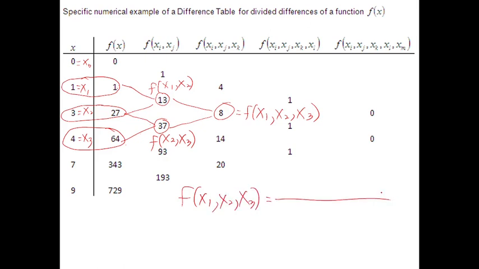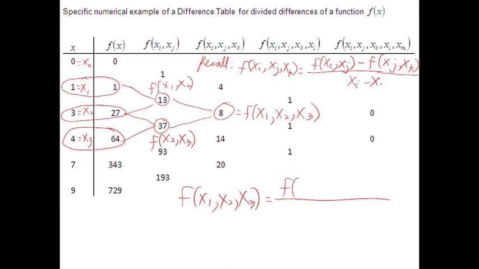So by formula, let's recall, f of x sub i, x sub j, x sub k is f of x sub i, x sub j, minus f of x sub j, x sub k, all over x sub i minus x sub k. So we substitute.